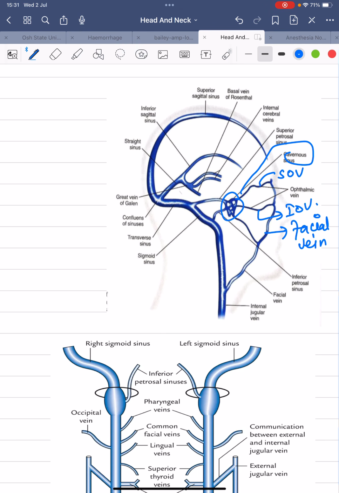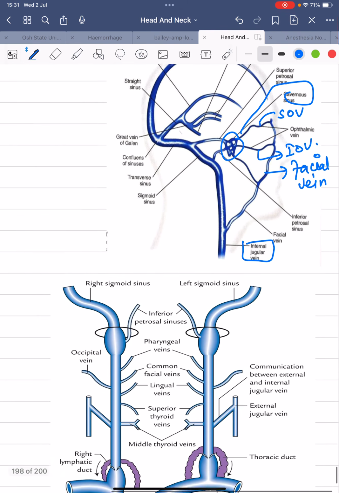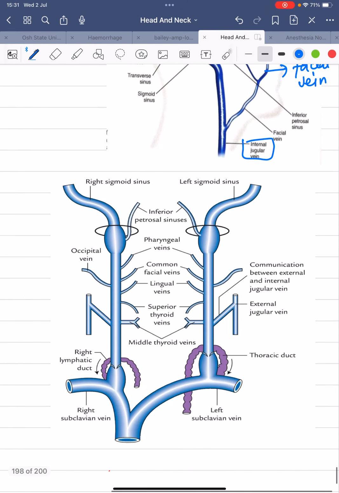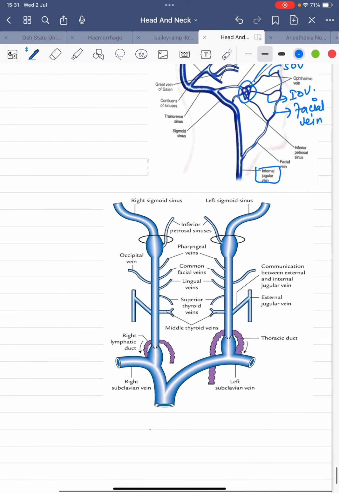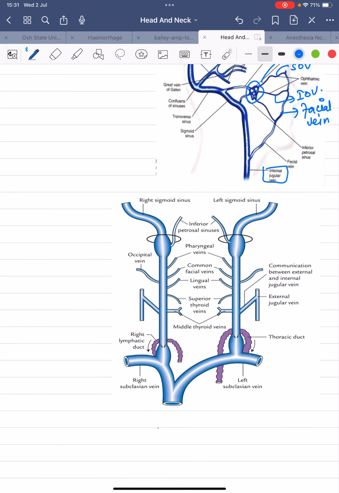See, now you must know the important points in relation to the jugular vein, or your internal jugular vein. So what is the internal jugular vein?